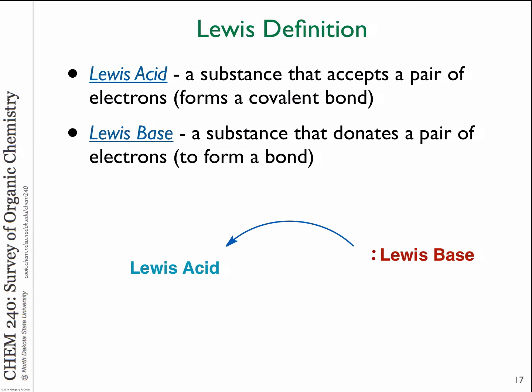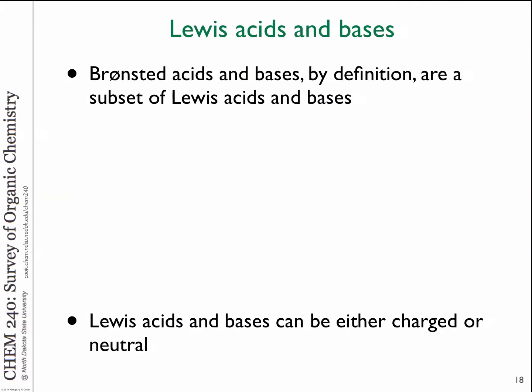Okay? Sometimes that involves proton transfer, sometimes it just involves forming a new bond and sharing. So let me give you some examples of how Lewis acid-base is a little different than what we've been talking about so far. I will say again, the definition fits with how Bronsted acids and bases work.